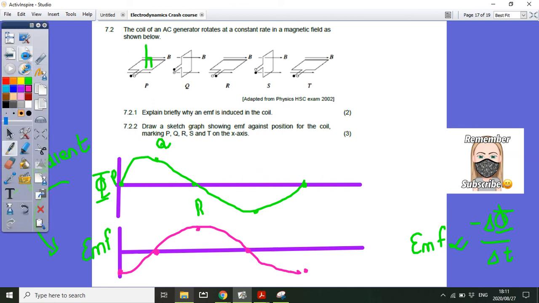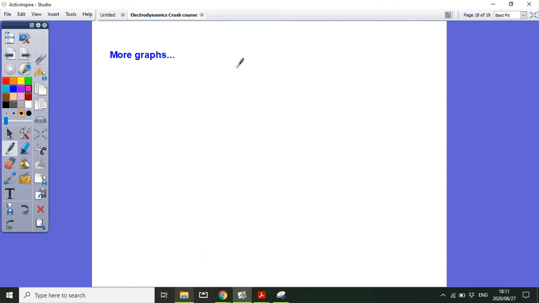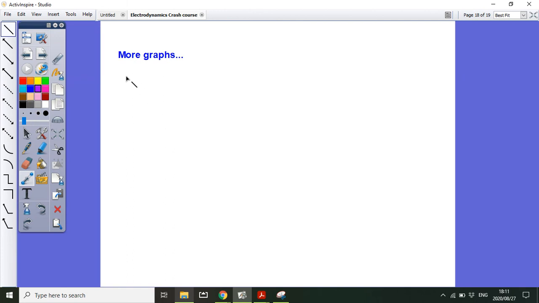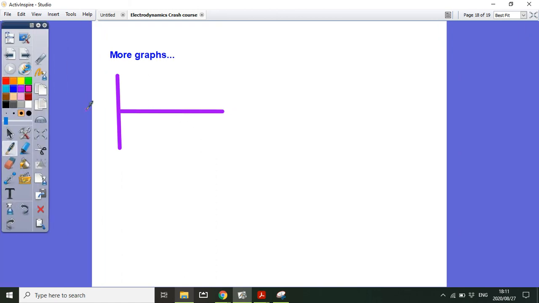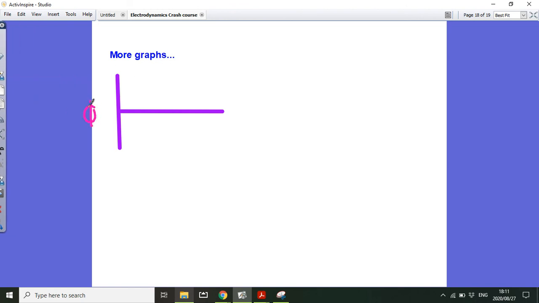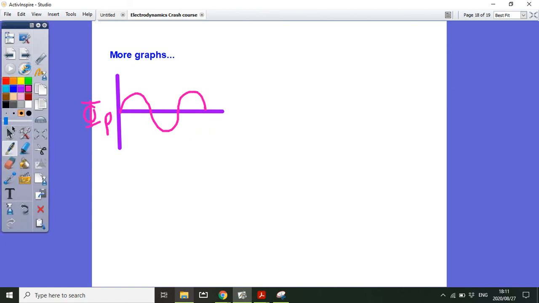I just want to add something here. For transformers, please remember that in a transformer, we have a primary coil that has a change in flux. So if I look at the primary coil flux, please remember that the change in flux in the primary coil is the same change in flux that the secondary coil is going to experience.